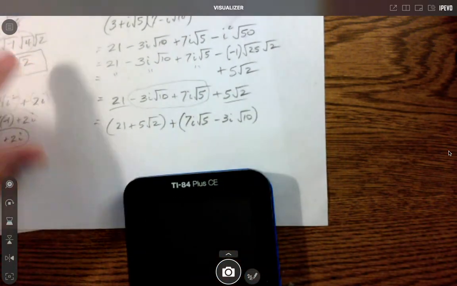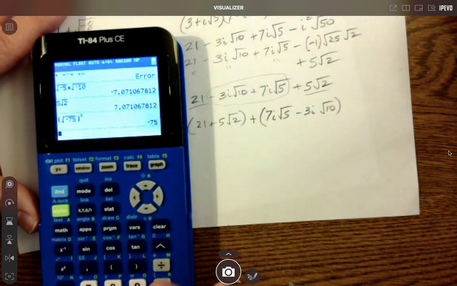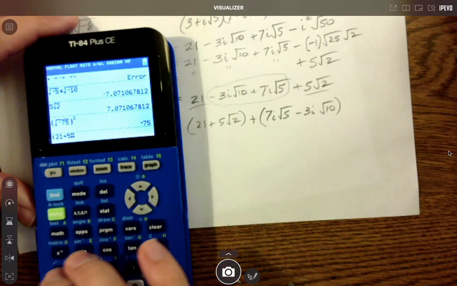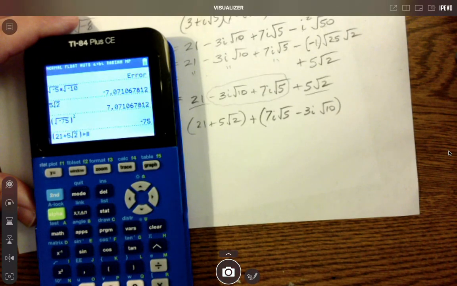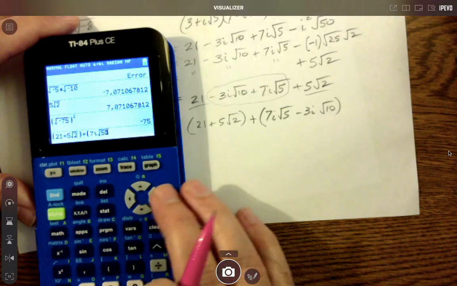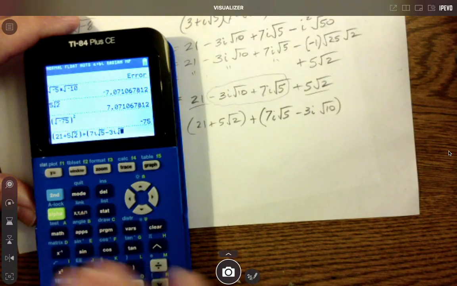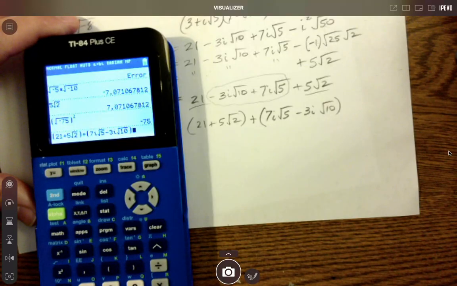Now we can get an estimate on this out of the calculator. So let's see what the calculator says this is approximately. So I'm going to do the whole thing. So 21 plus 5 square root 2, close parentheses, plus, open parentheses, 7 second decimal point for the i, square root 5, move out of the square root to the right, minus 3 second decimal for the i, square root 10, move out of the square root, close the parentheses.